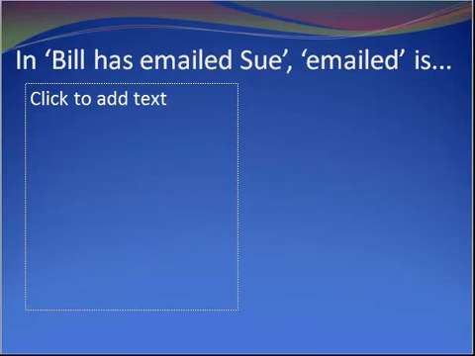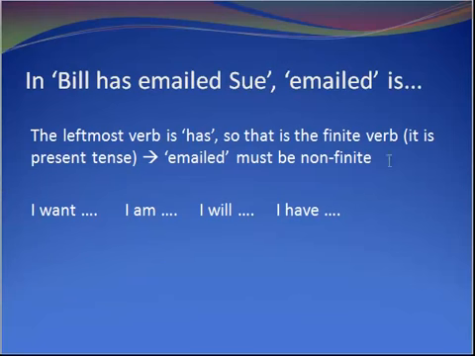Okay, try another one. Bill has emailed Sue. What is emailed? Well, again, there are two verbs here, has and emailed. So the finite verb must be the leftmost one, that's has, not emailed. So emailed can't be finite, and has, of course, is the present tense form of to have, and emailed must be non-finite.